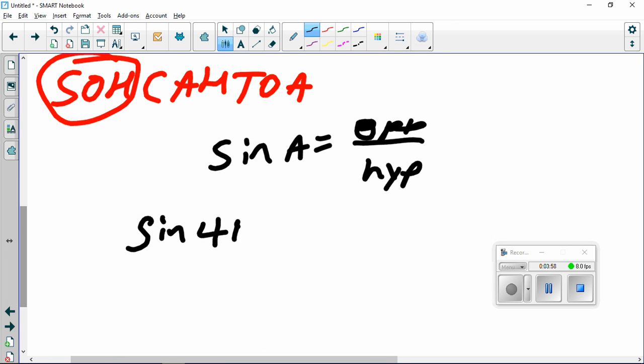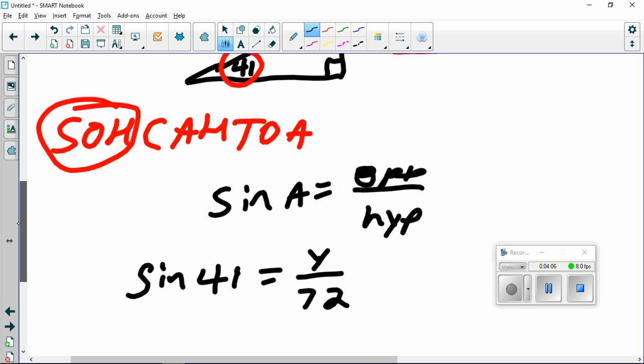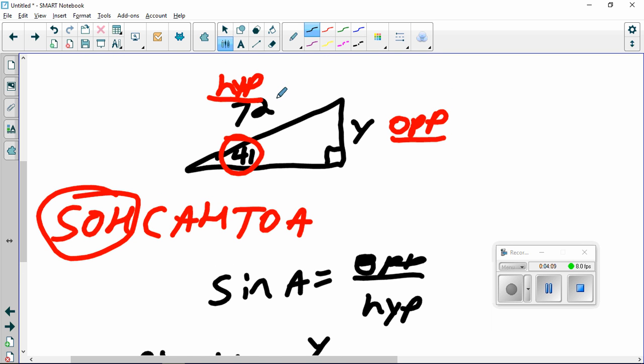The sine of 41 degrees is equal to our opposite, which is y, divided by our hypotenuse, which is 72 meters. See that? We have a hypotenuse of 72, we have an angle of 41, and the side length we're looking for is opposite, because it's across from that angle in question.